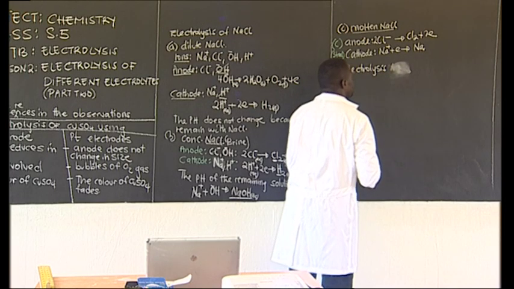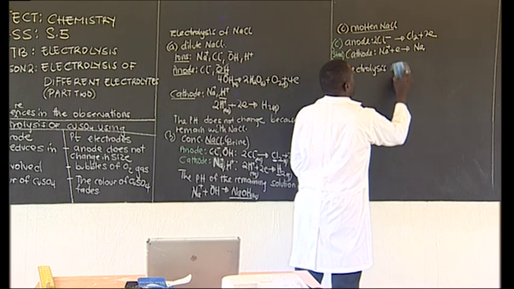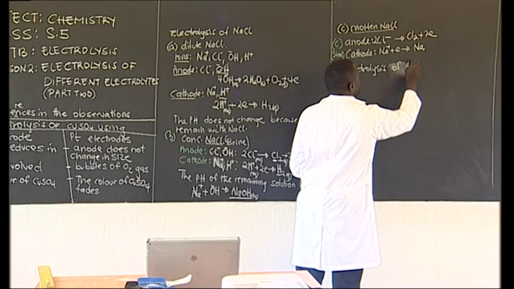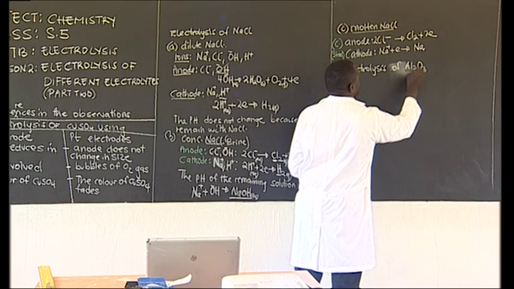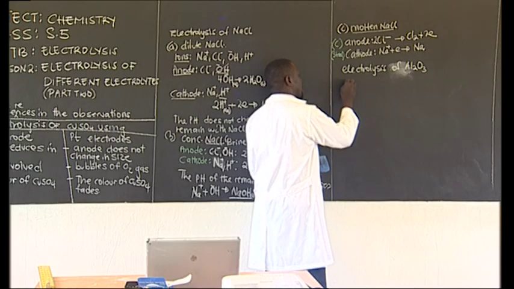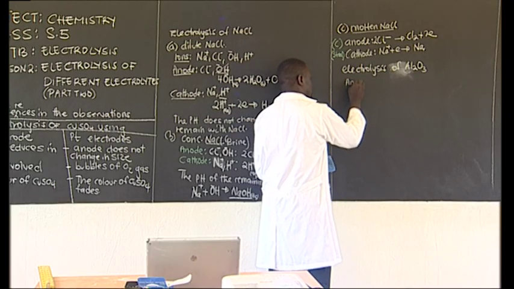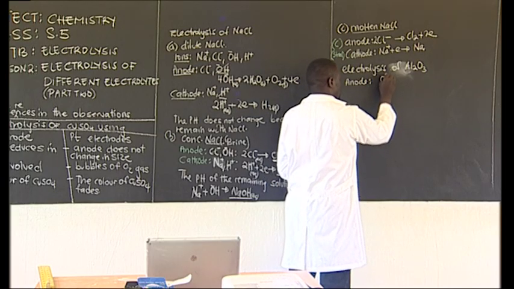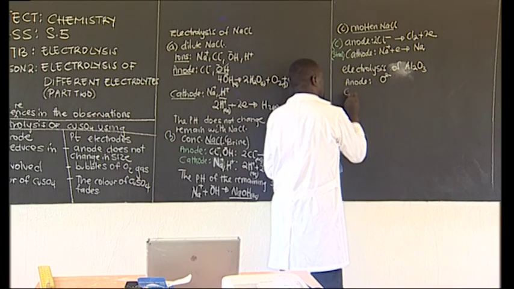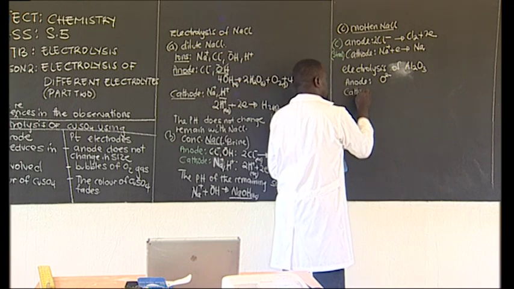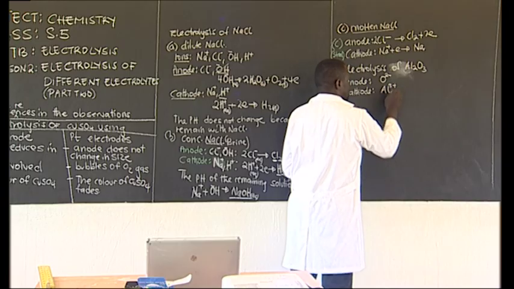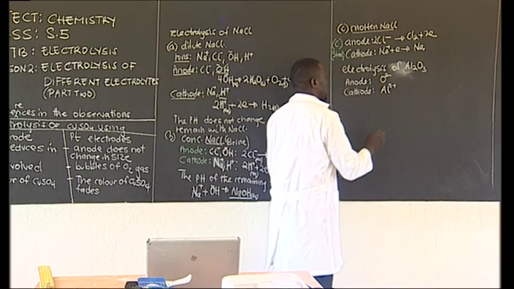Electrolysis of aluminium oxide. The ions are present, so at the anode, the positive one, we shall have the oxide ion, O2-, and at the cathode we are going to have aluminium 3 plus, Al3+.